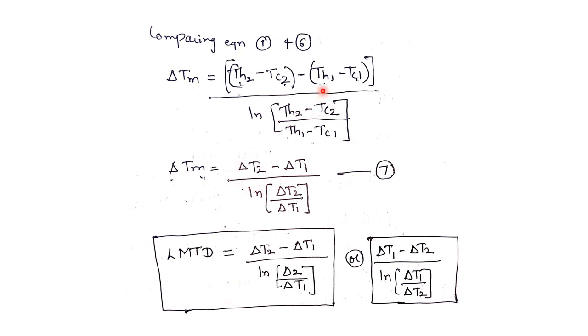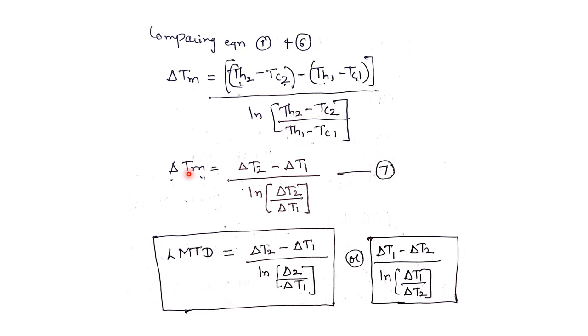Whereas the temperature difference between the hot fluid and the cold fluid at the inlet of the heat exchanger is given by delta T1. Similarly, divided by log of delta T2 divided by delta T1. Let me call this equation 7.